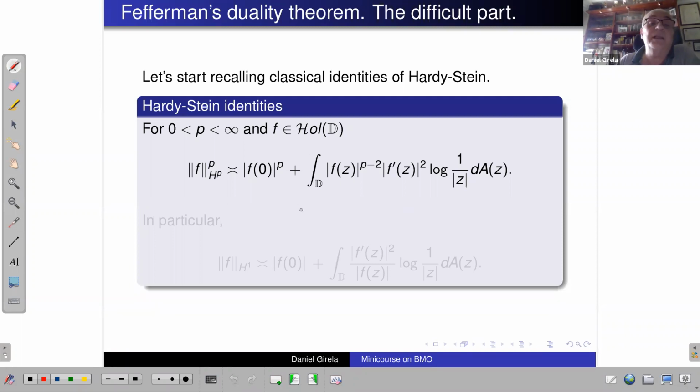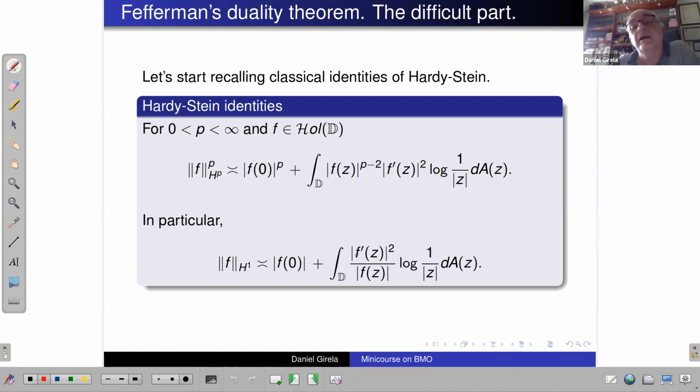For p equal 1, the identity that we are going to use is that the H1 norm of a function f is essentially the integral over the disk of the Jacobian of f, |f'|^2 over the absolute value of f, times log 1 over 1 minus |z|. So this is one of the ingredients that we are going to use in the proof. I prefer to state it in the beginning, and let's see more or less how the proof goes.